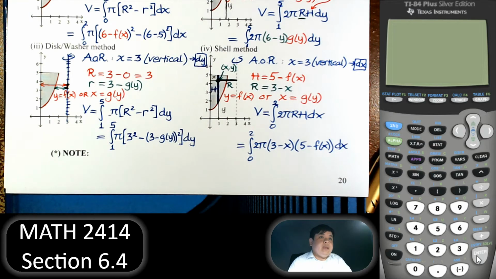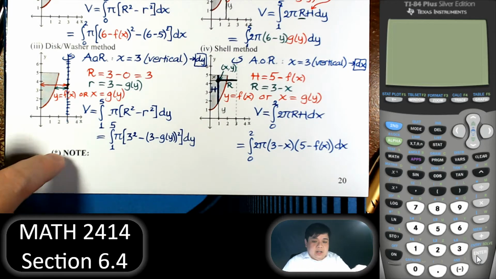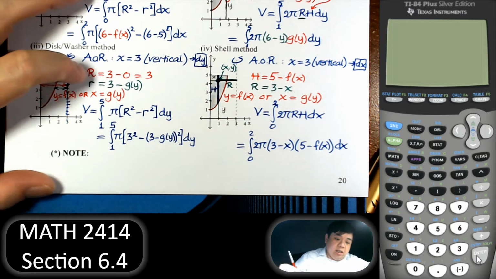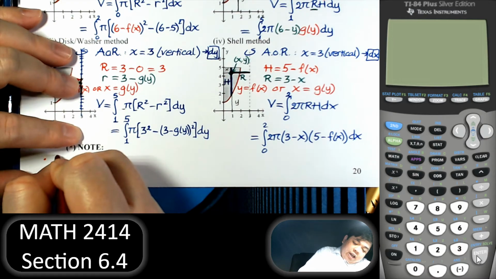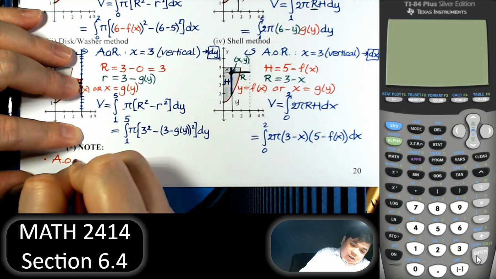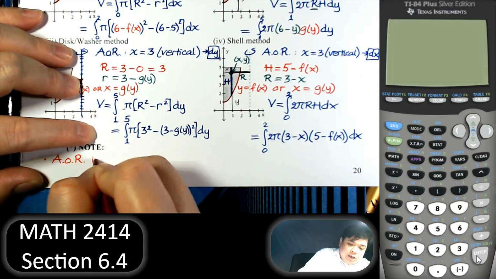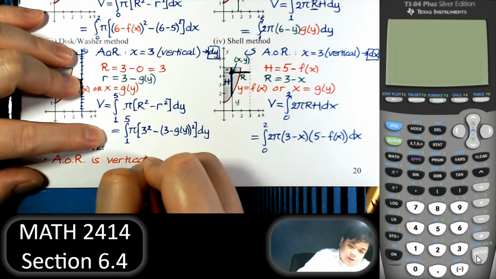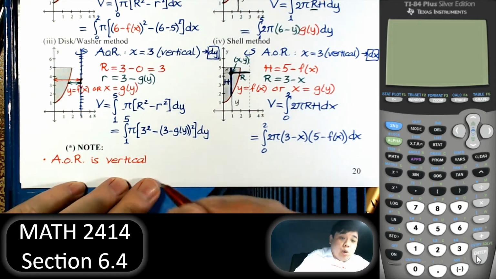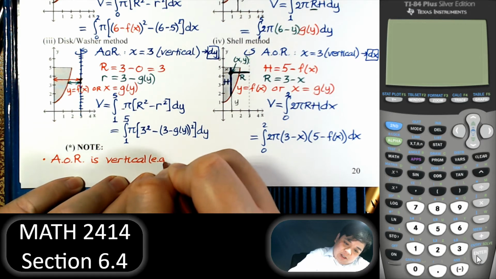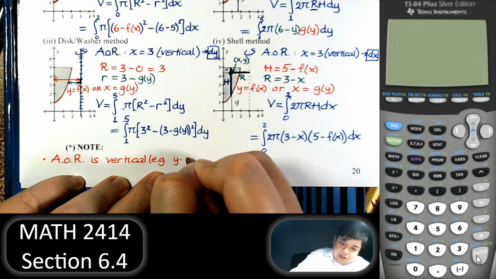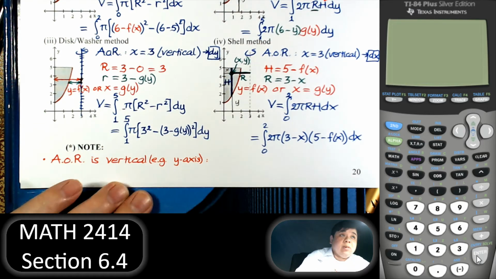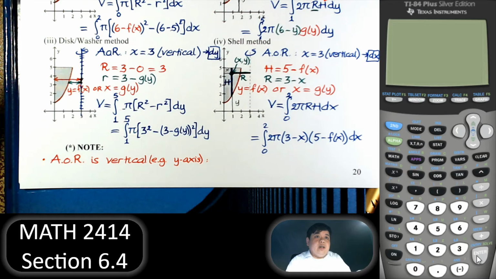Right. So just write a little note here before we go any further. If the axis of rotation is vertical, an example of that is the y-axis, then the washer method is going to stack vertically as well.